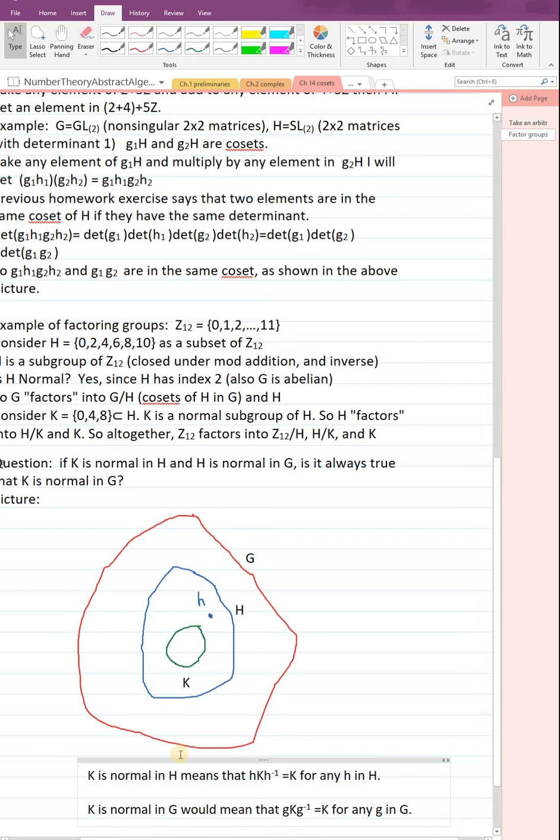Now, this little g is something out here in G. Does the second statement follow from the first one?